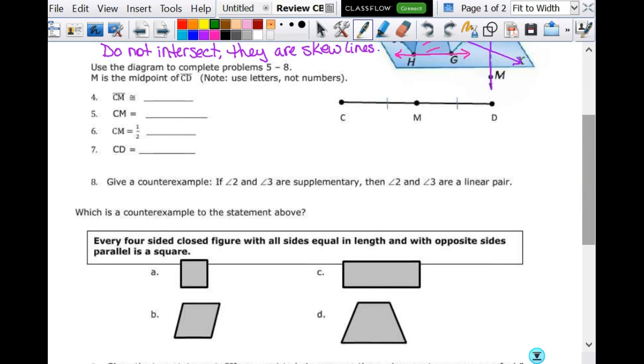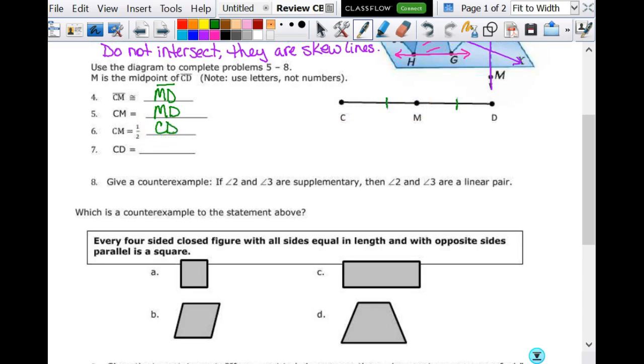Okay, so then we're going to use the diagram to complete the following. It says that M is the midpoint, so that means these 2 pieces are congruent. That was already labeled for me. So line segment CM has to be congruent to line segment MD. The length of CM equals the length of MD. The length of CM would be half of the whole thing, which is the length of CD.